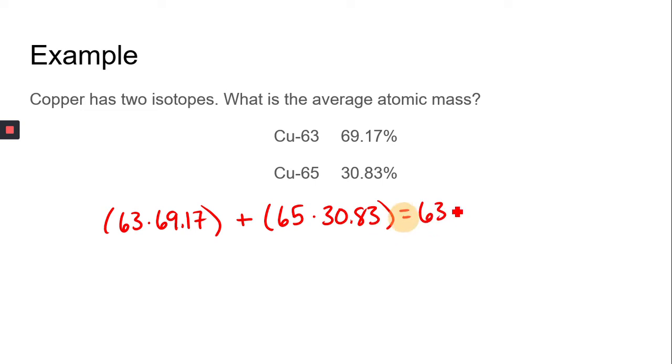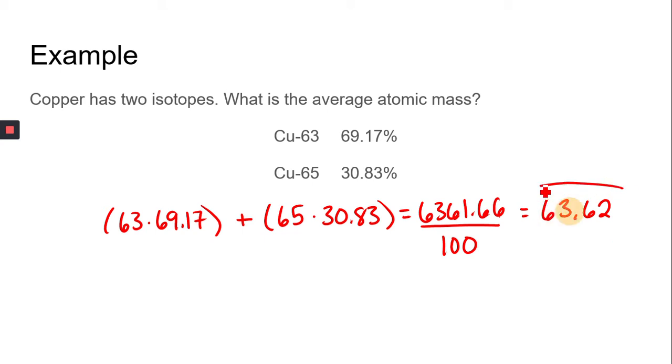Okay, and that gives us a very large number, and we are going to divide it by 100 because we don't want it to be a percent anymore. And then we're going to give the answer to two decimal places, so 63.62.